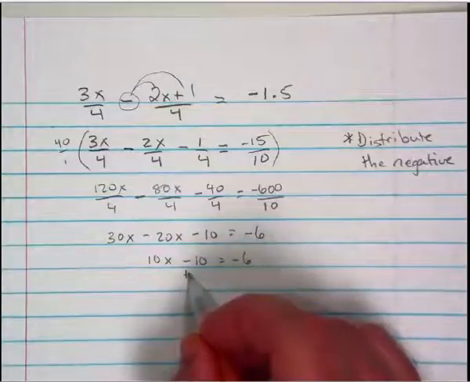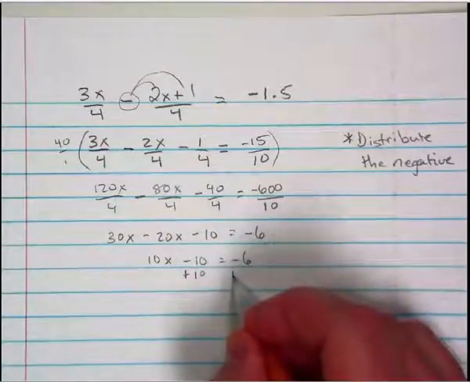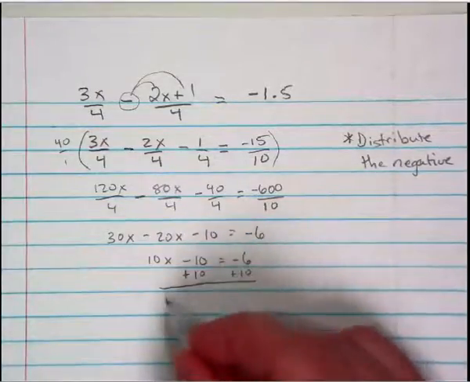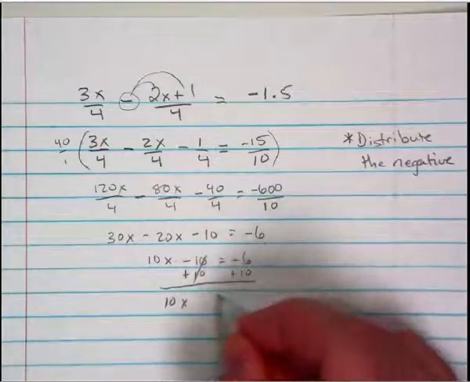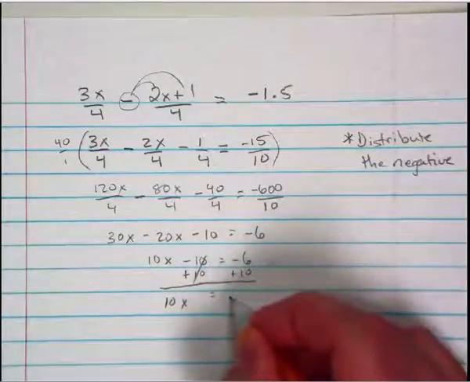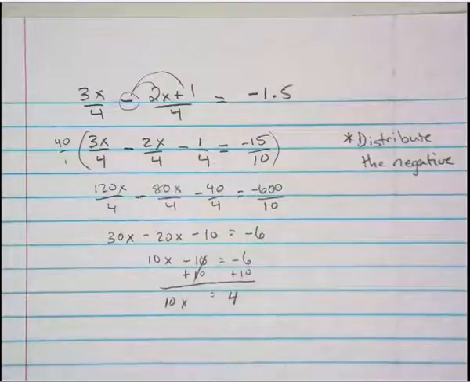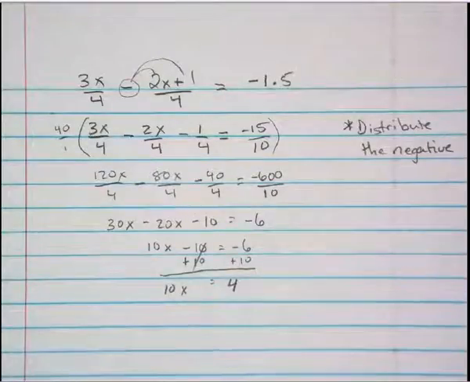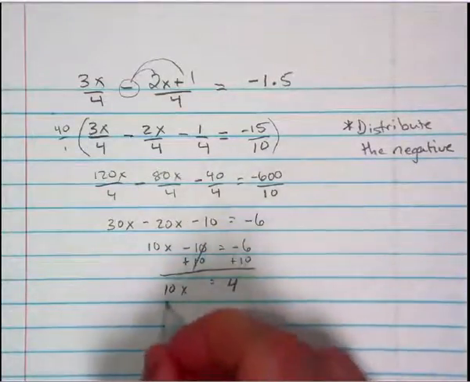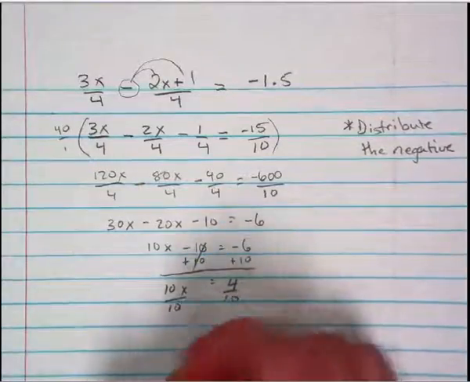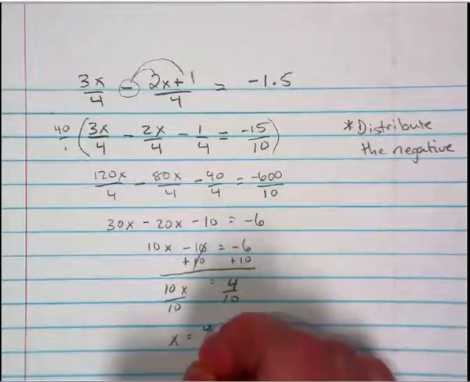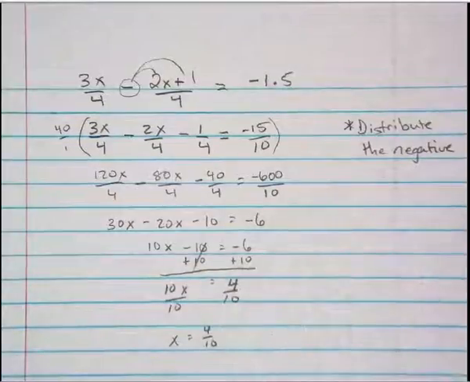I combine like terms. Now I add 10 to both sides. I get 10x equals negative 4. And I divide by 10. So x is 4/10. Something's not really looking right here.